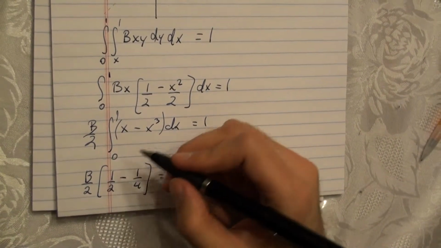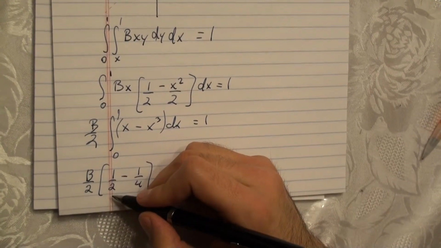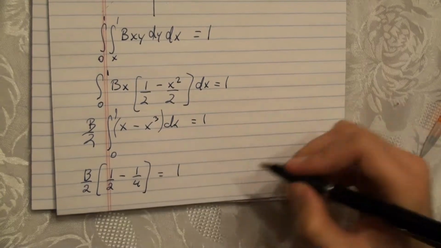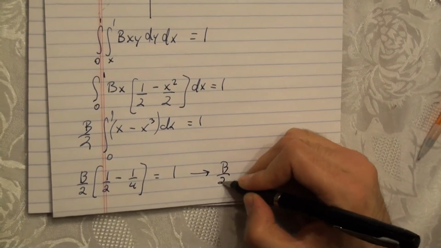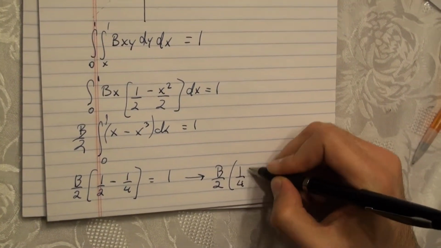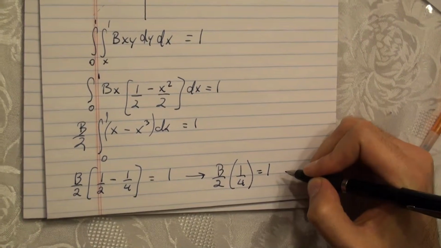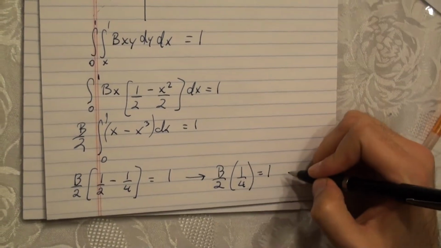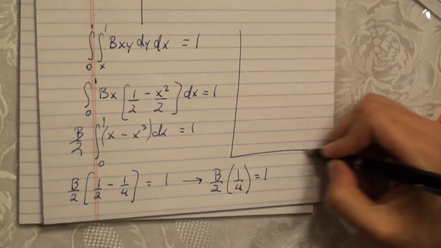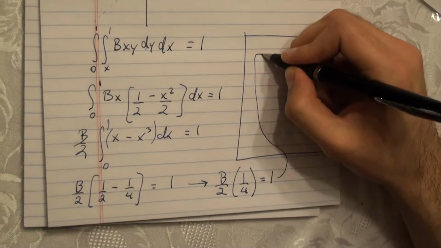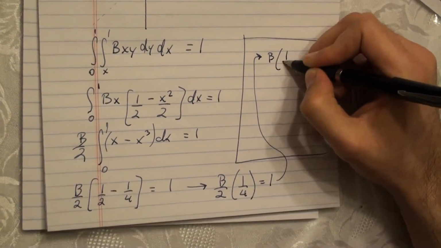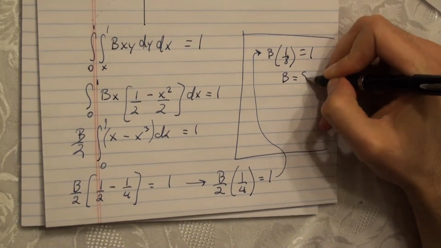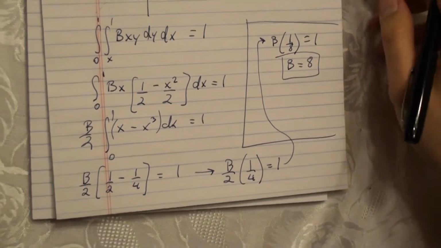So 1/2 is the same as 2 over 4. 2 over 4 minus 1 over 4 is 1 over 4. So this is b over 2 times 1 over 4, which equals 1. 1 over 4 times 1/2 is 1/8. Running out of space here, this is going to go over here. So we get b times 1 over 8, which equals 1. And then b is just equal to 8. So that's part A.